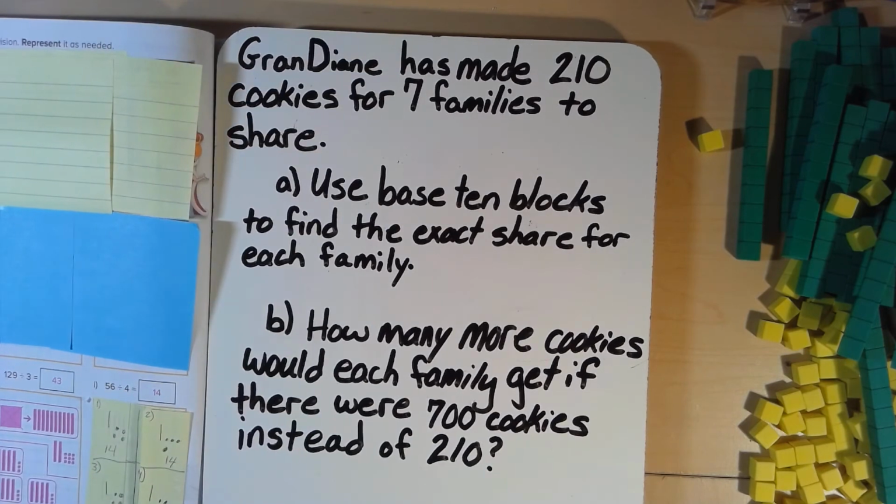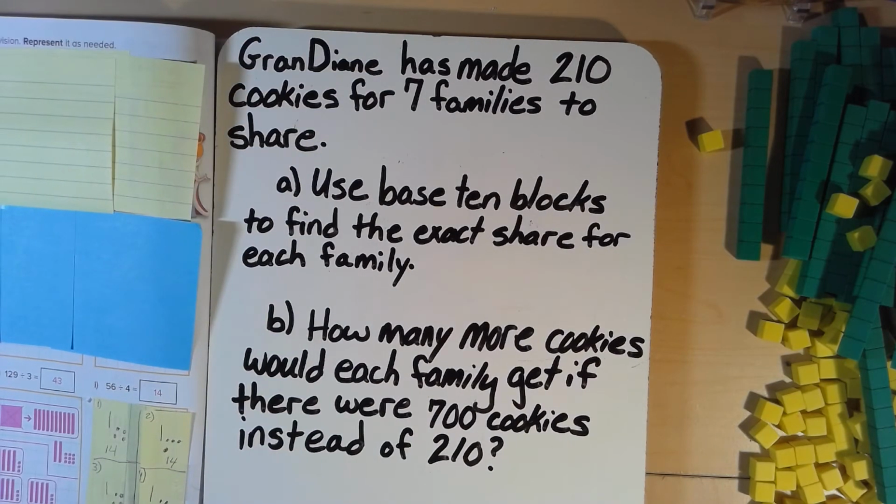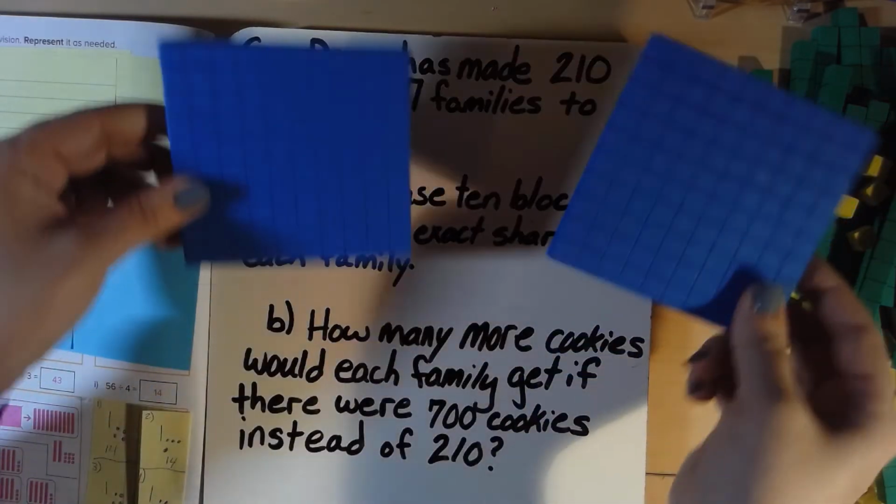Grandian has made 210 cookies for 7 families to share. Let's use our base 10 blocks to find the exact share of cookies for each family. Base 10 blocks.